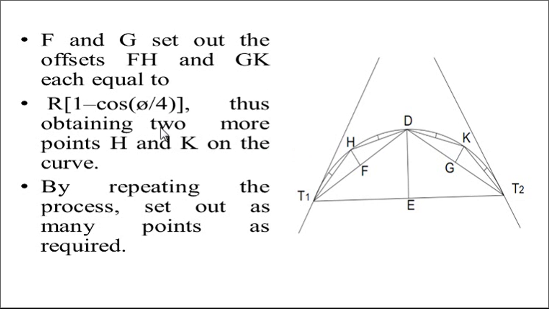Thus we obtain two more points, H and K, on the curve. By repeating the process, set out as many points as required on the curve, and then join all these points. We will get the curve T1 H D K T2 like this.